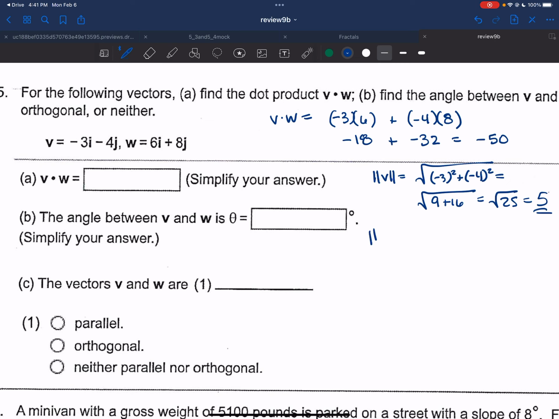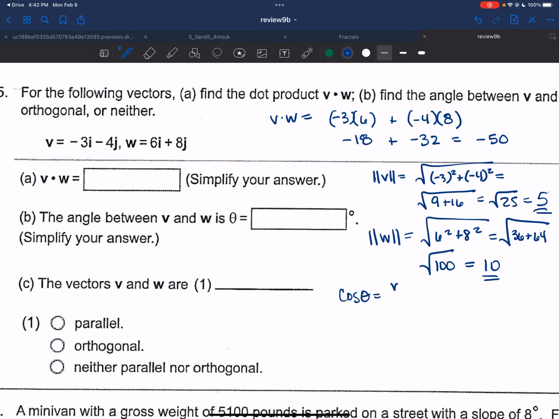And then my value for W is the square root of 6 squared plus 8 squared, which is 36 plus 64, which is the square root of 100, so that gives me 10. So finding the cosine of the angle, that's going to be V dot W over V W, those magnitudes. So I'm going to get negative 50 over 5 times 10, which is 50. So negative 50 over 50 gives me negative 1.